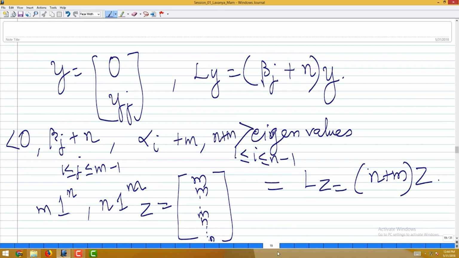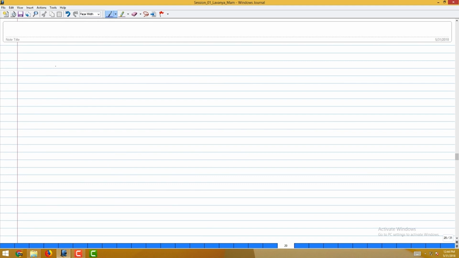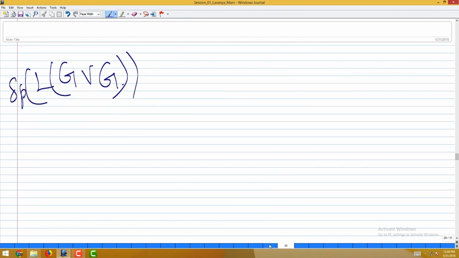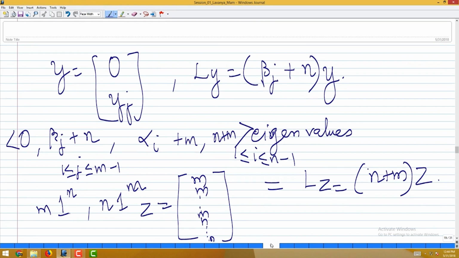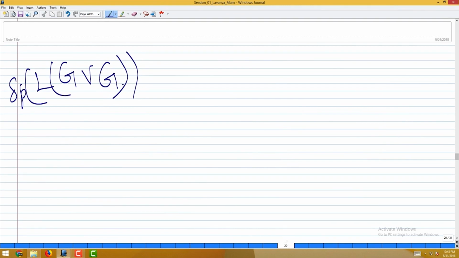Now, can you give me an eigenvalue of the join of a graph with itself? Just a quick exercise. Having known the spectral values of L of G1 join G2, what if my G1 is equal to G2?